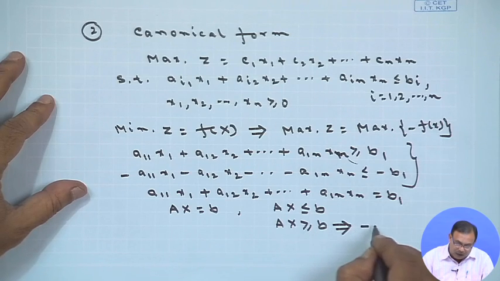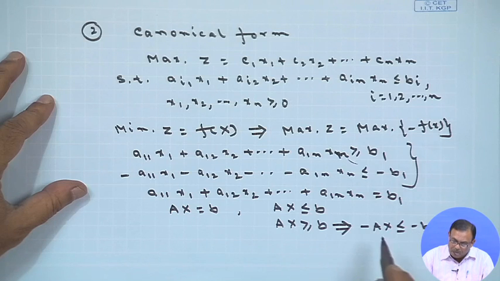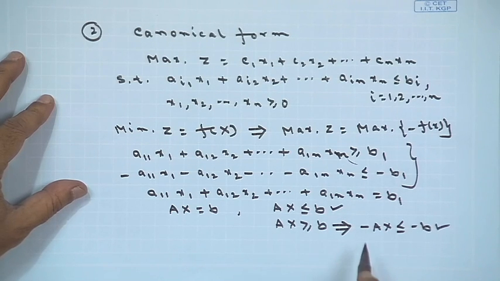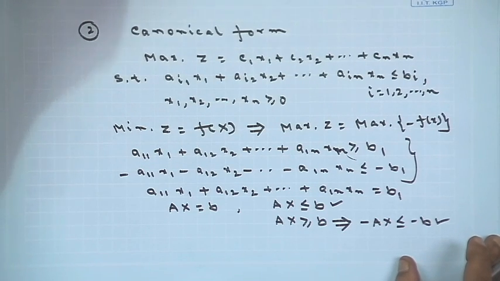So, this I will write as minus Ax less than equals minus b. Now both constraints are of the less than equals type. Therefore, if I have an equality, first I will convert it into two inequalities of less than equals type and greater than equals type. Later, the greater than equals type will be converted into the less than equals type.